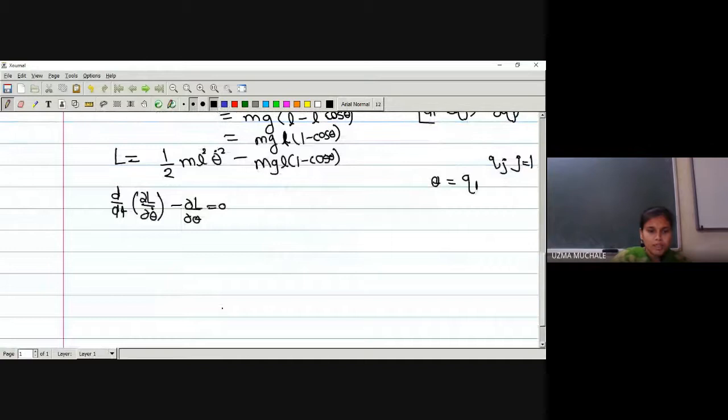Now, as you know the value of L, can anyone tell me the derivative of L with respect to theta dot, as well as the derivative of L with respect to theta? I hope you know how to find the derivative. I am not going to teach you derivatives.